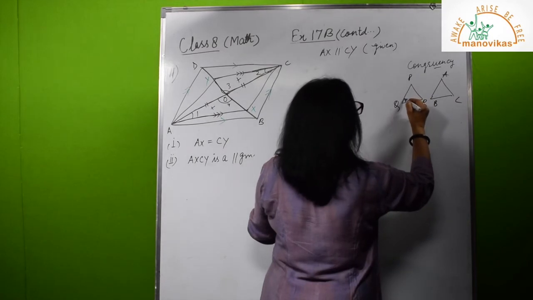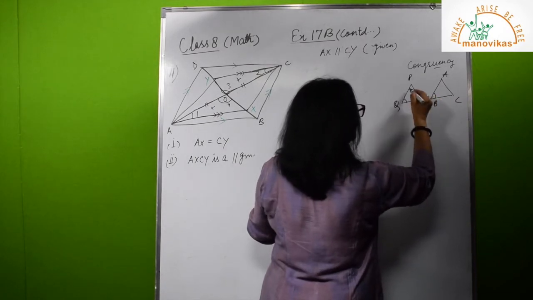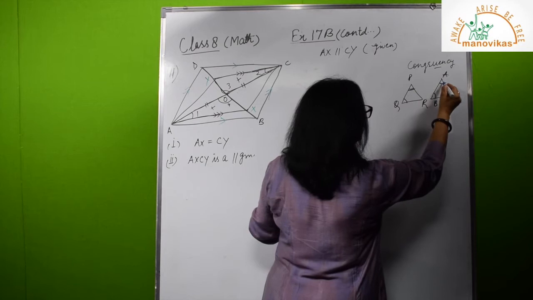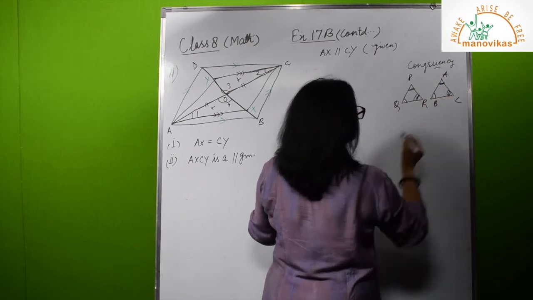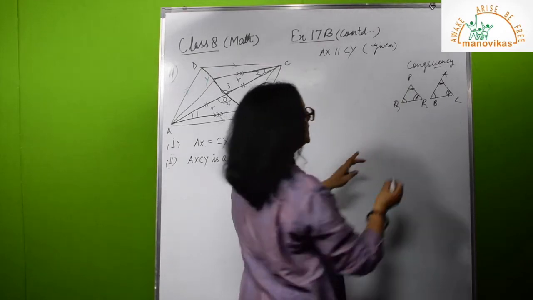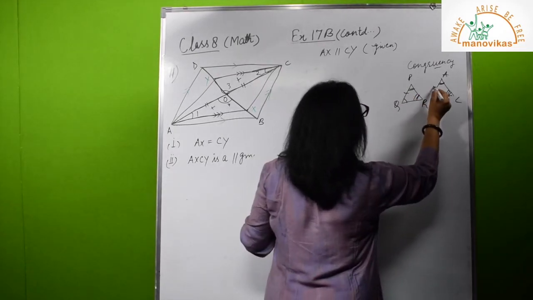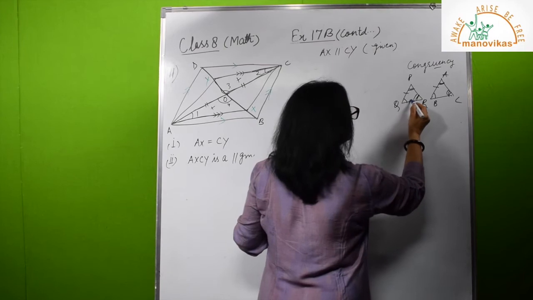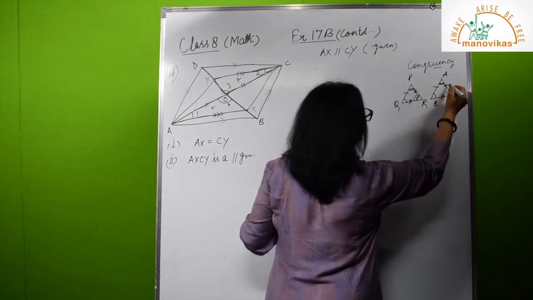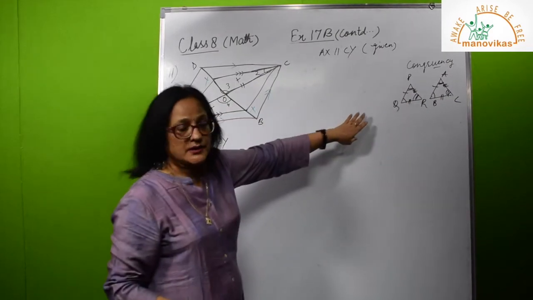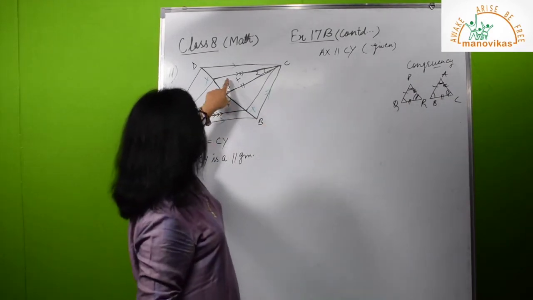If these two triangles are congruent, then this angle will be equal to this one, this angle will be equal to this one, and angle R will be equal to angle C. All the angles are equal. Similarly, PQ is equal to AB, QR is equal to BC, and PR will be equal to AC if two triangles are congruent. So this method we will use here.